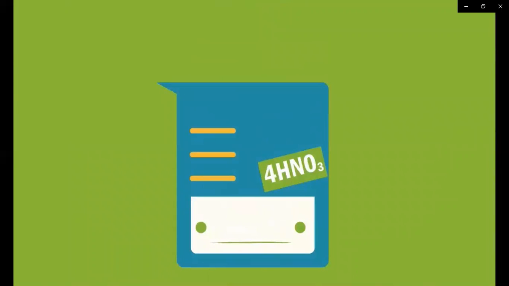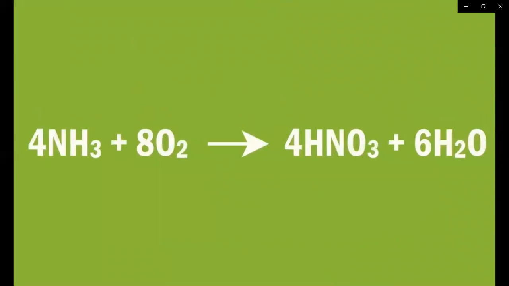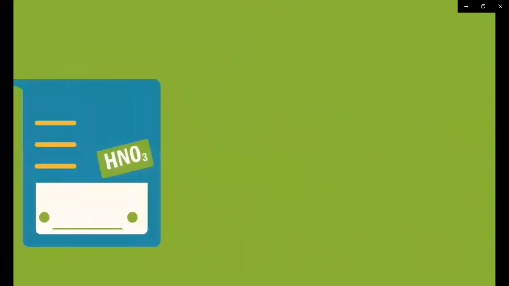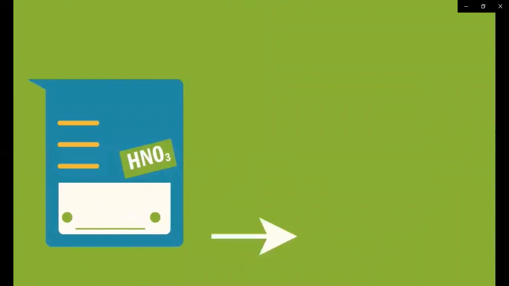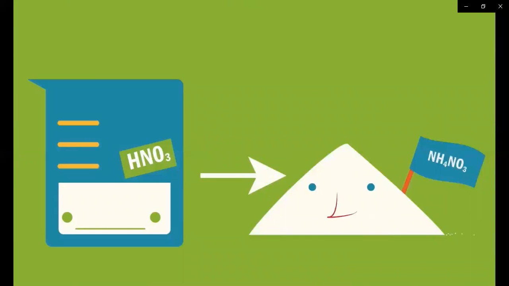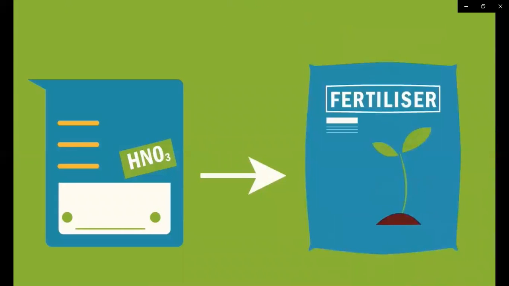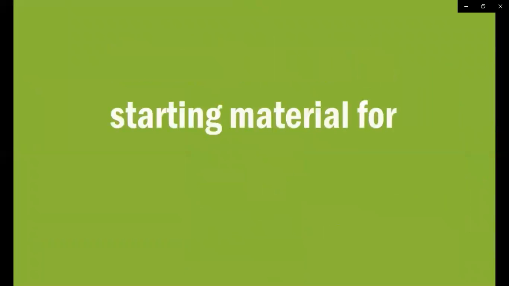By combining these equations, we get this overall reaction to produce nitric acid from ammonia. Nitric acid is used in the production of ammonium nitrate and other nitrate-based fertilizers. It is also used as a starting material for many explosives, a common one being TNT or trinitrotoluene.